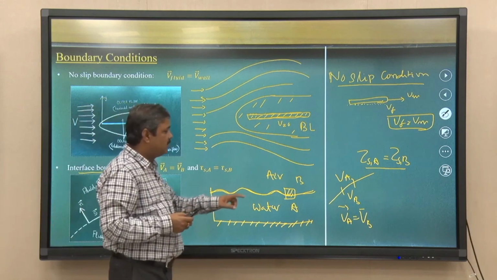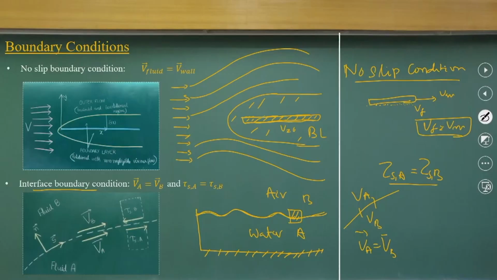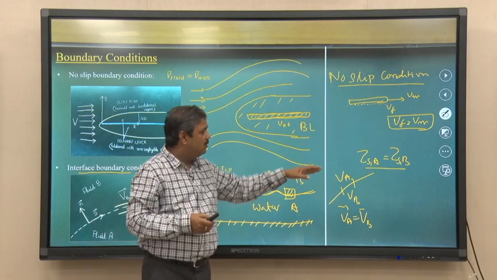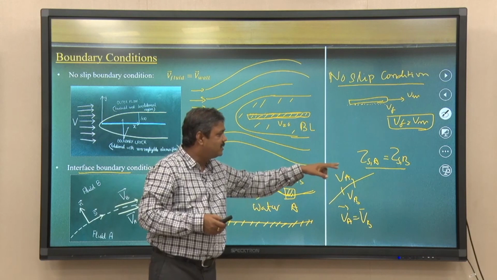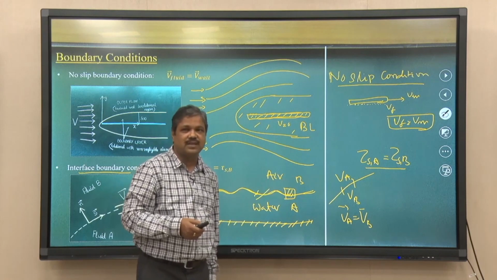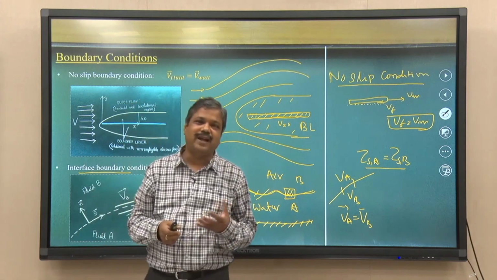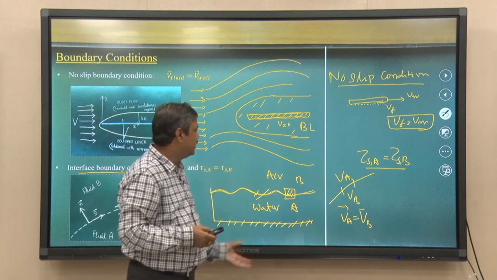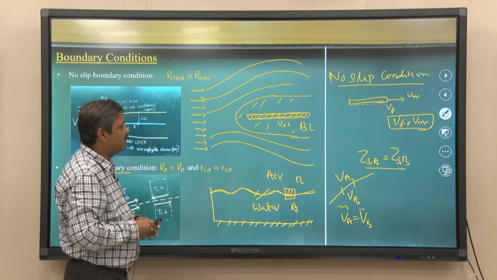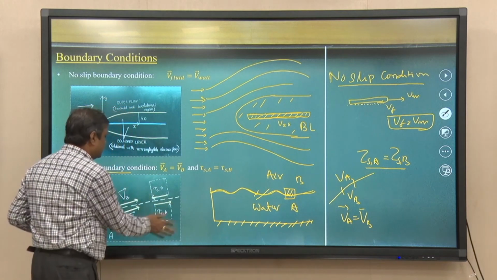At those locations, because of the no slip boundary condition, both are moving together. So, the velocity of medium A should be equal to the velocity of medium B, VB equal to VA, and also the shear stresses acting on the surface from medium A and medium B should be equal; that should be the equilibrium. So, that is the basic equilibrium equation in terms of the no slip boundary condition and the equilibrium equation for the free surface boundary condition.